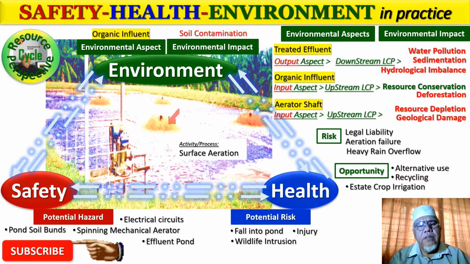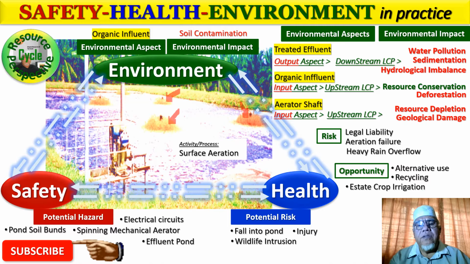This process is using surface aerators. As you could see, there are about 6 surface aerators. These are all mechanical aerators, which are circulating, and they are powered by electrical energy. So you've got wire submerged down there to turn the blades or the propeller of the aerator.